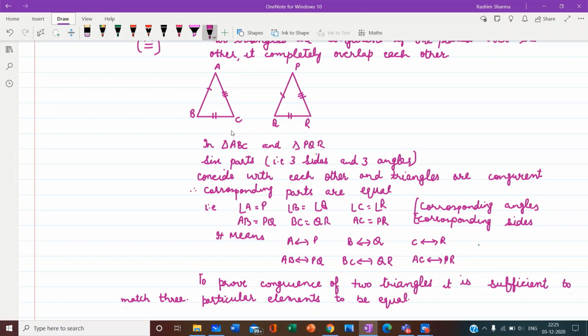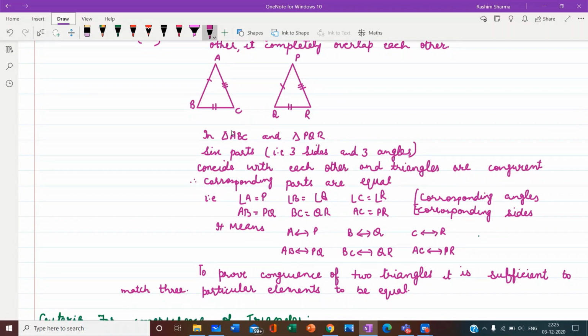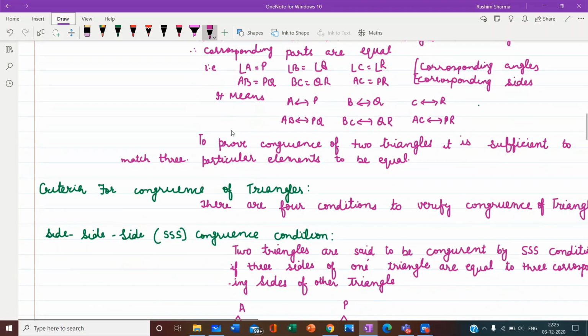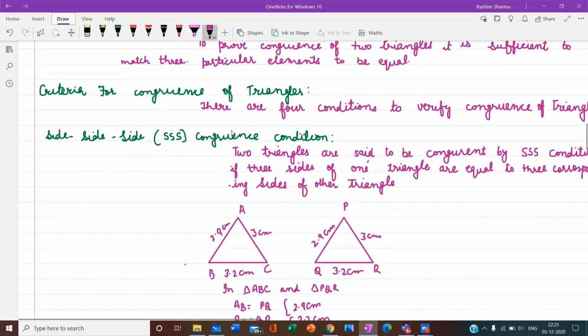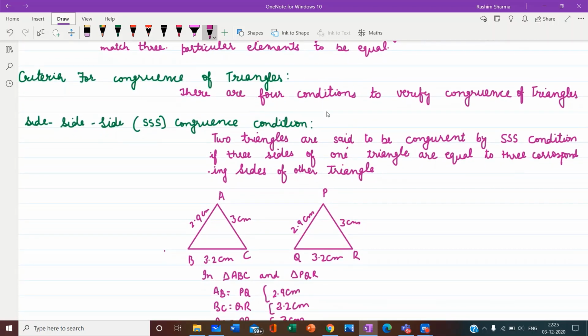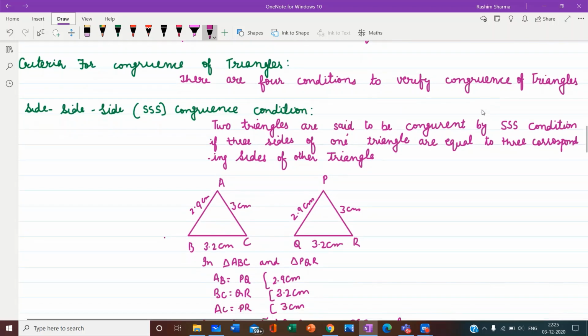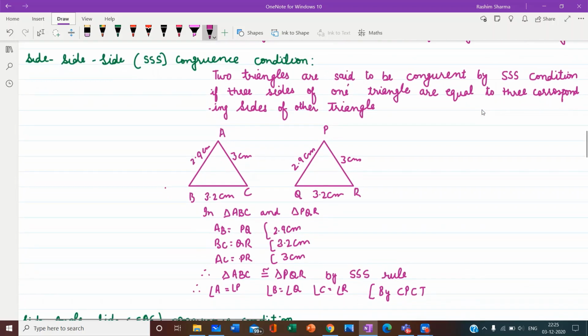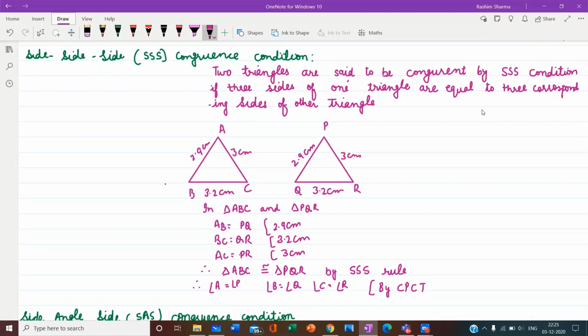CPCT means corresponding parts of congruent triangles. Okay, so here we have few criteria for congruence of triangles. There are 4 conditions to verify congruence of triangles. First condition is side side side congruence condition. It is written by SSS.